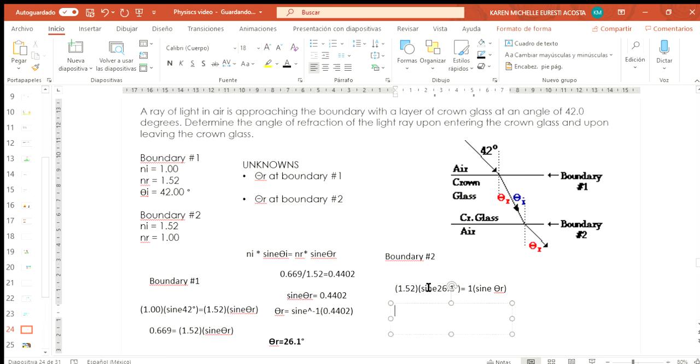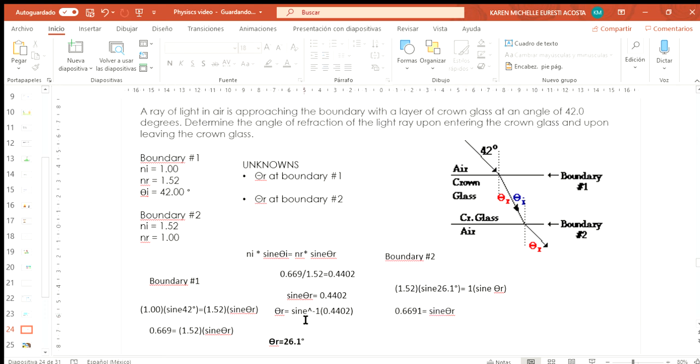We multiply these two, and it's 0.6691, and we pass this dividing, so 0.6691 divided by 1 is just the same. So it will be sine of the angle R, and it will be the same as here.